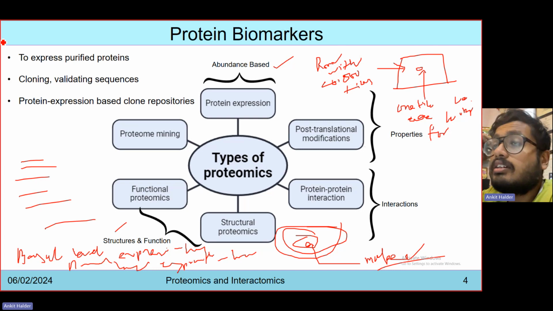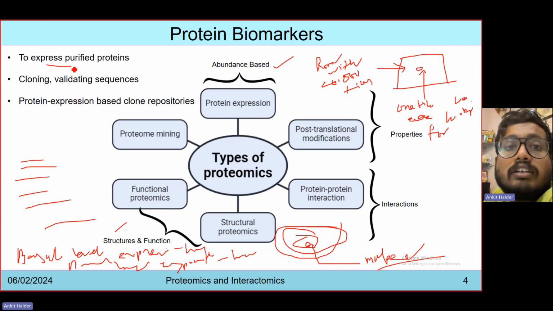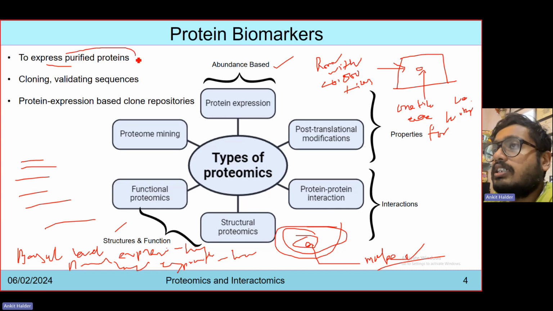So this is a challenge associated with expressing those particular purified proteins.